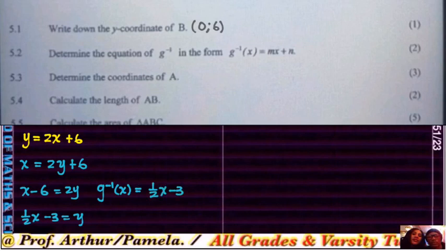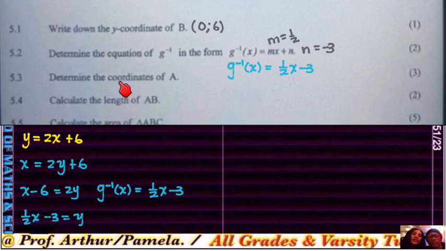Can you see? So I'm going to copy it and put it just under there, right here, so that you can see that the m is a half, the n is negative 3. All right, we're done with that one.